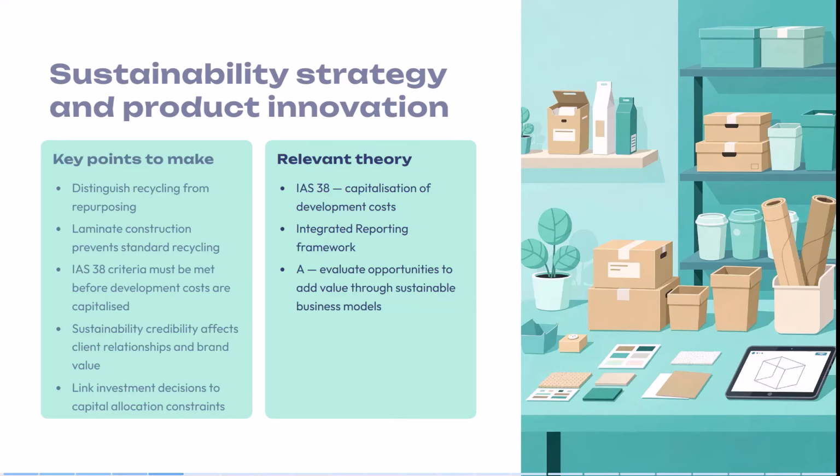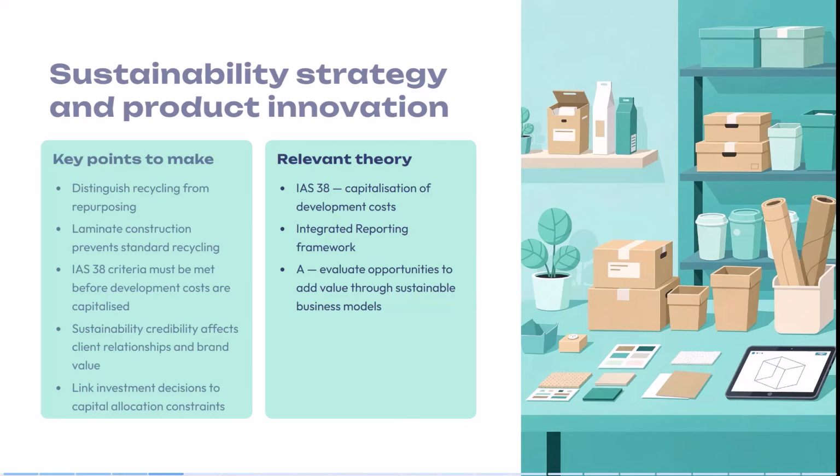So when you see a task involving R&D investment, circular business models, or sustainability strategy, it is almost certainly mapped to core activity A. Now, the assessment outcome you are likely to be tested on is select and implement suitable business models that will create sustainable value for stakeholders. And that means not just evaluating the financial return, but assessing the value created for clients, for regulators, for consumers, and the environment.